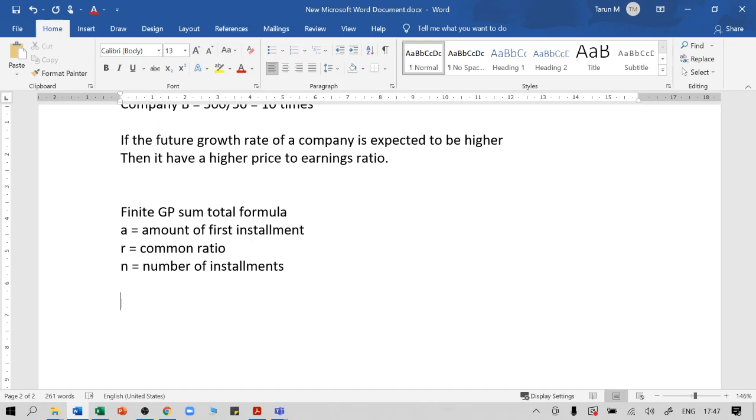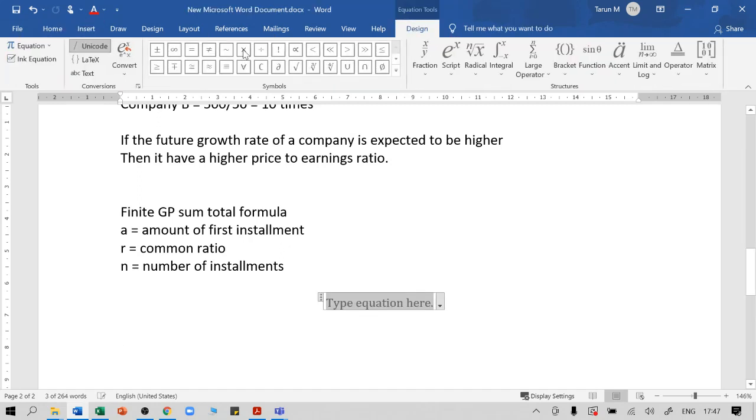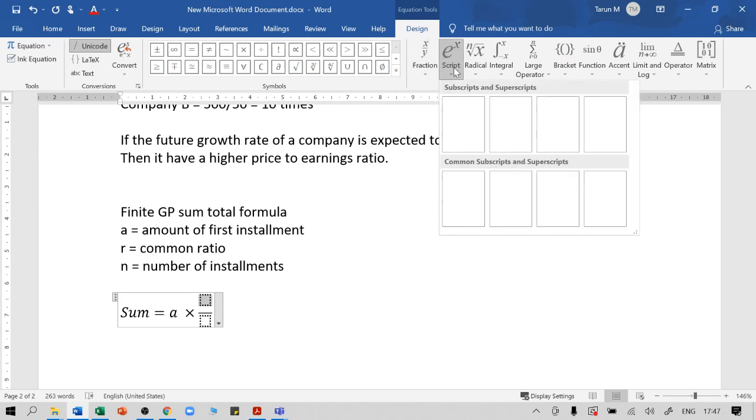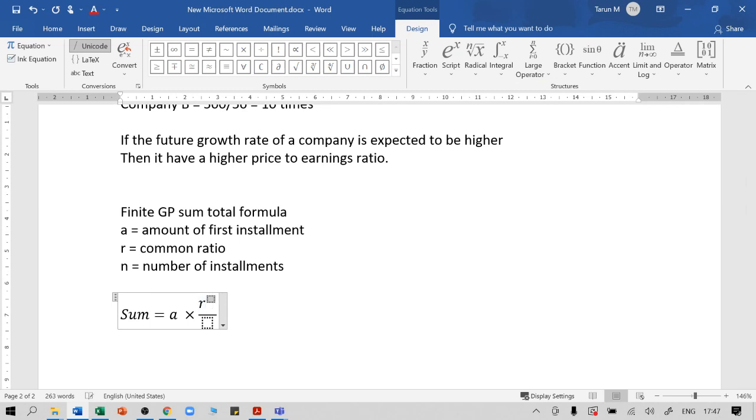I hope you know the finite GP sum formula. I'm giving you the derivation. It says that you take A and then multiply it by, correct me if I'm wrong somewhere, the common ratio raised to the power n minus 1, divided by the common ratio minus 1.